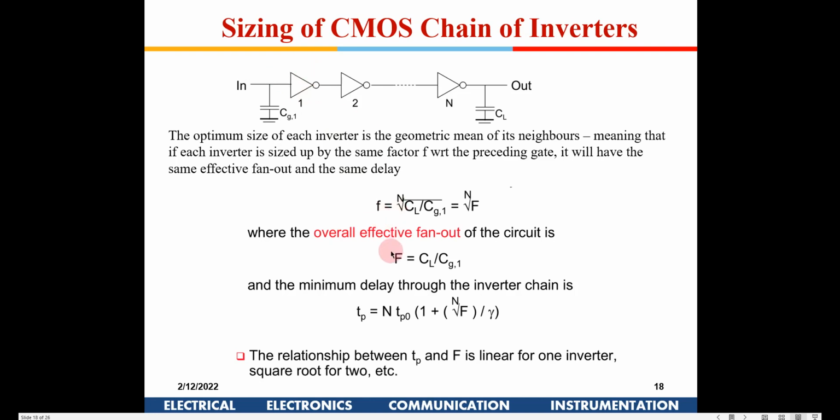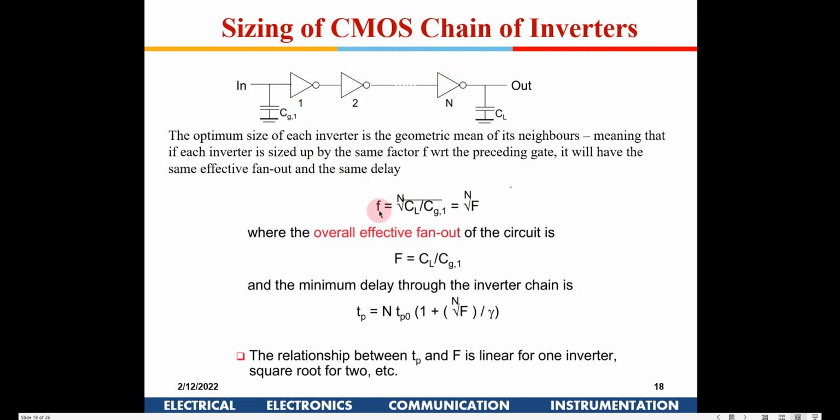The total f is given by C_L divided by C_G, and because there are n stages out here, I take the n-th root. So the total effective fan out is C_L divided by C_G, and I have n different stages, so the fan out per stage will be the n-th root of f, because this is sized geometrically.